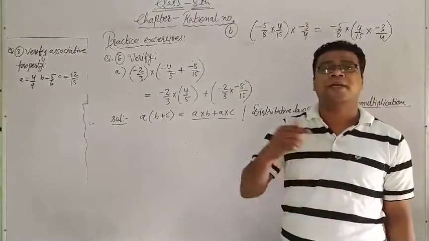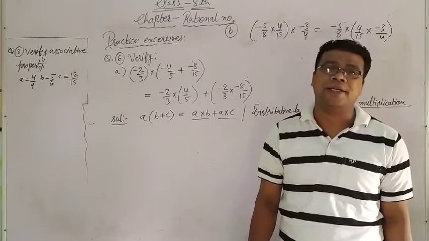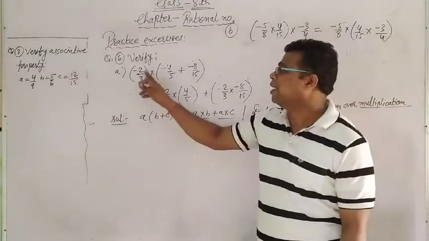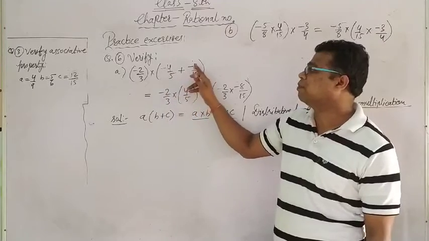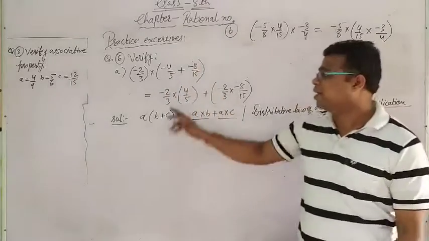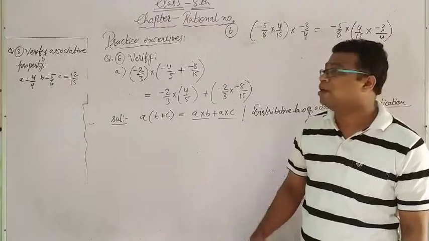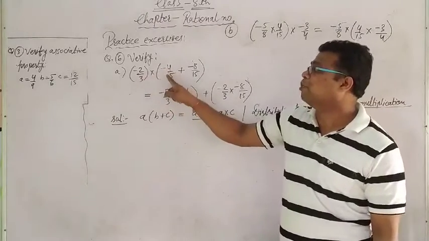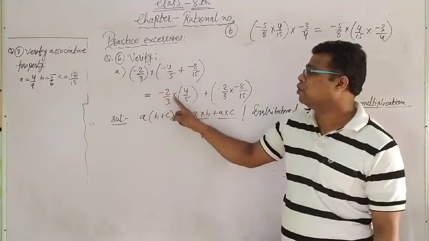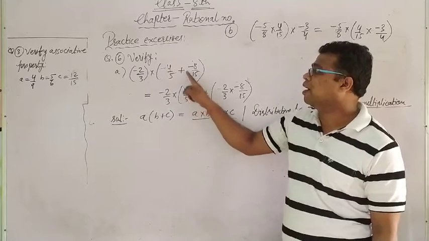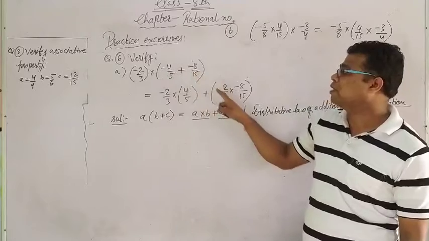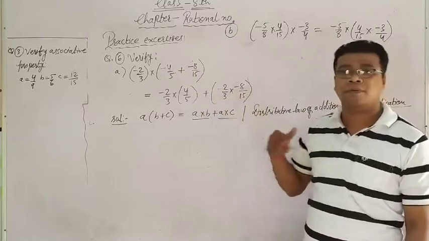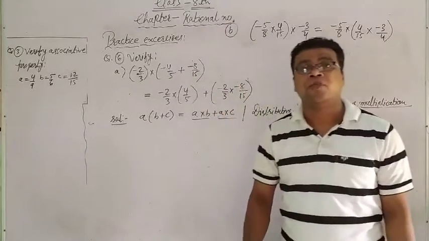Left hand side: minus 2 upon 3, inside the bracket, minus 4 upon 5 plus minus 8 upon 15. And on the right hand side, this is multiplied with this: minus 2 upon 3 into 4 upon 5. And after that, plus sign, again this is multiplied with this: minus 2 upon 3 into minus 8 upon 15.